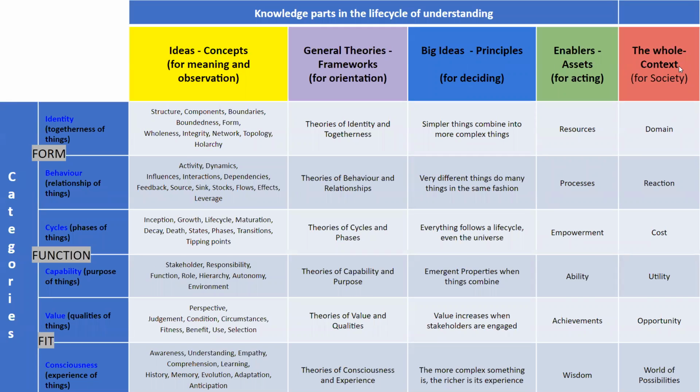Now, what we've also done, Tom, is we've taken fit, form, and function as a way of orientating different categories of knowledge about systems and things. So form comprises identity and the togetherness of things, and the behavior and the relationships of those things. So this is the form, the part within the whole.